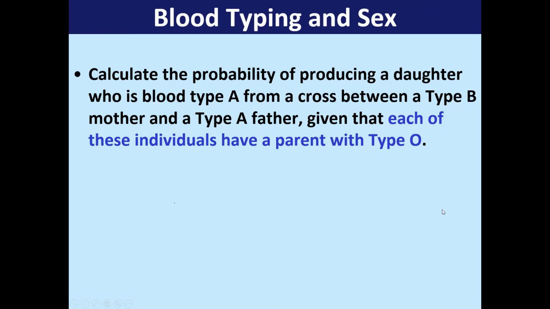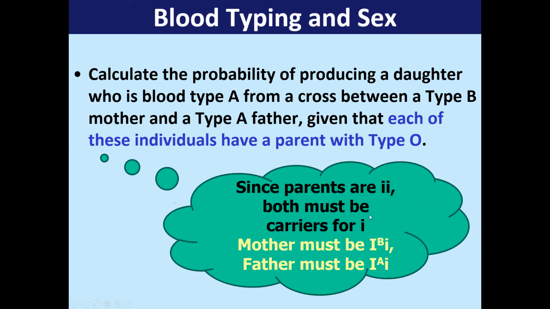Let's try another one. Calculate the probability of producing a daughter who is blood type A from a cross between a type B mother and a type A father, given that each of these individuals have a parent with type O blood. Because they have a parent with type O, we know that both of them have a little i in their genotype. So the mother must be IBi and the father must be IAi.